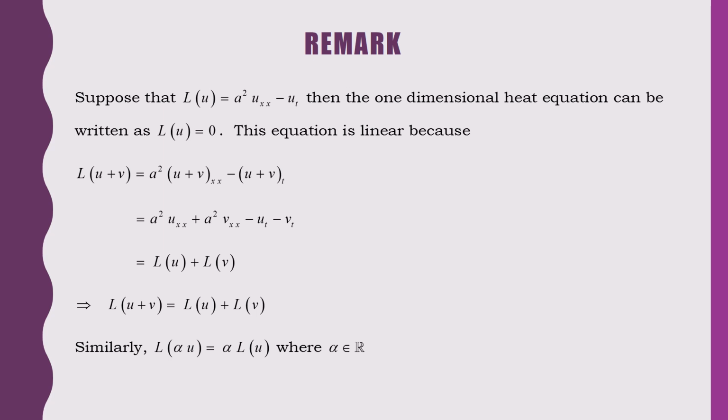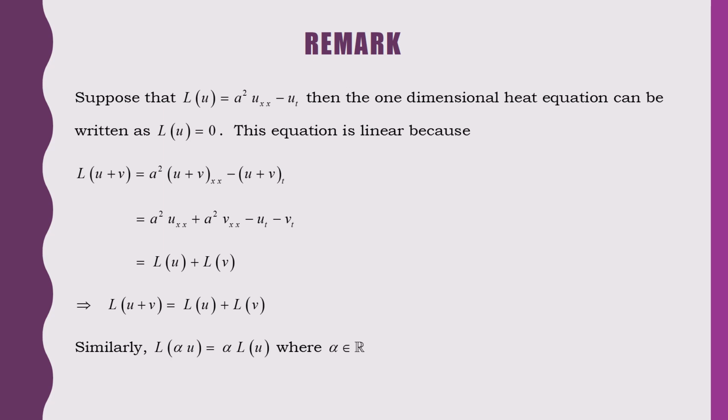If we expand this equation, we get L(u + v) = a² u_xx + a² v_xx − u_t − v_t, that equals a² u_xx − u_t plus a² v_xx − v_t, that equals L(u) + L(v). Hence, L(u + v) = L(u) + L(v).